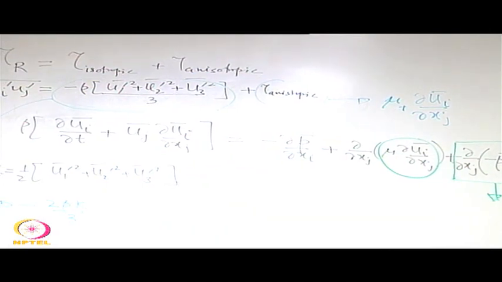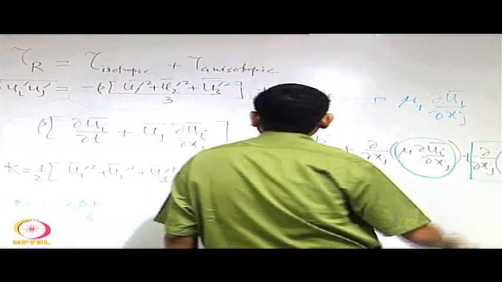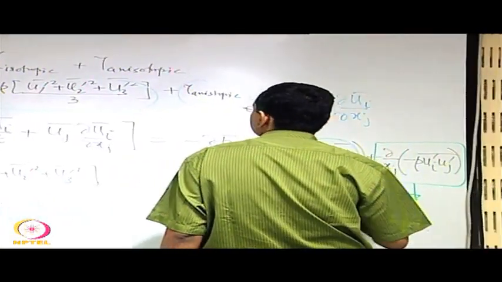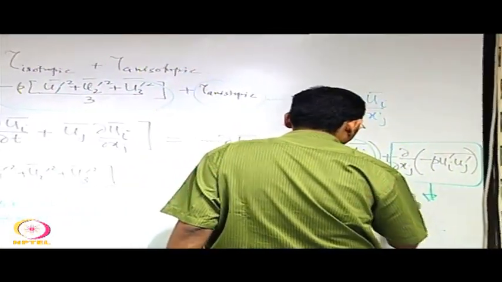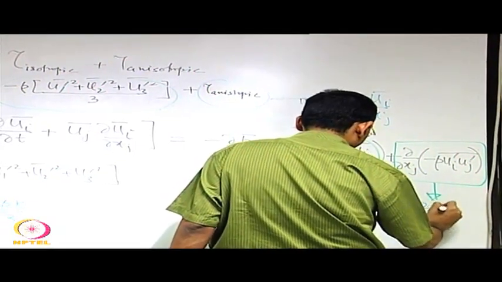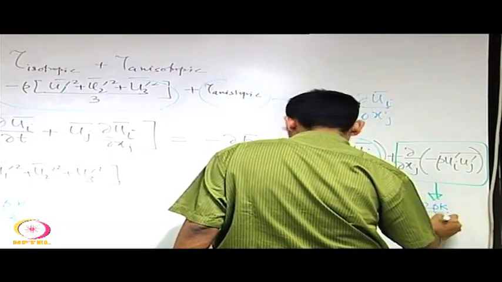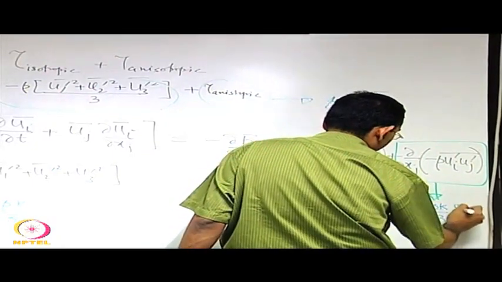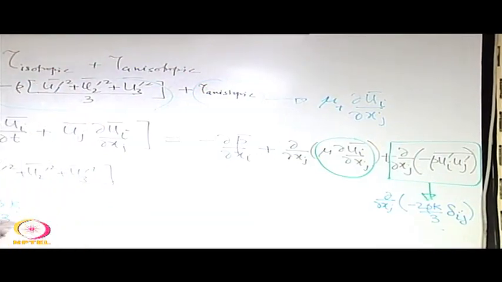Once that is done, you may substitute this extra term as, this is one part which is the isotropic part.